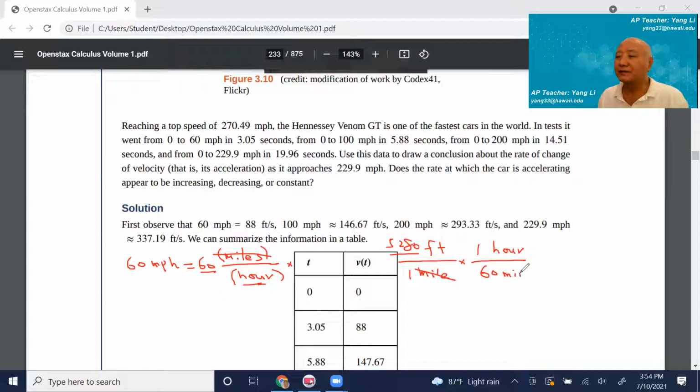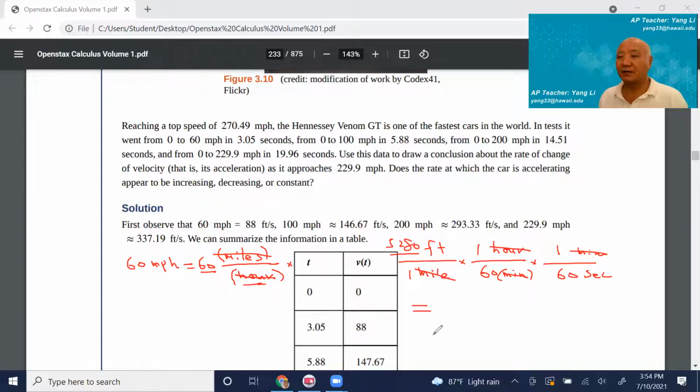The hours cancel. Then you change the minutes to seconds: because minutes are at the bottom, I put minutes on the top. 1 minute is 60 seconds, so the minutes cancel.